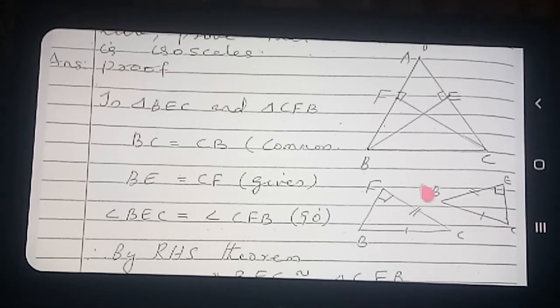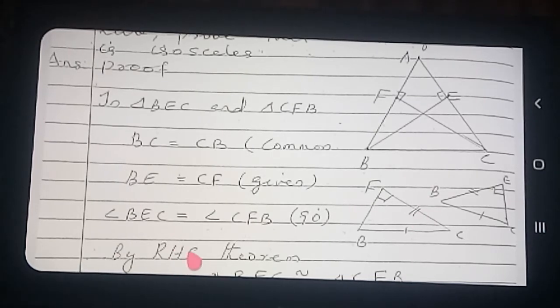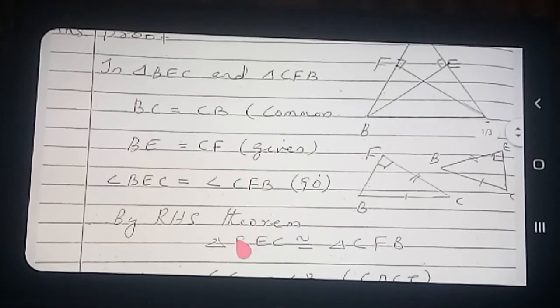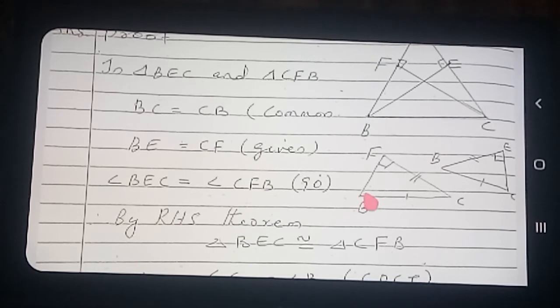Therefore, write R, H and S. Whether we can apply the RHS theorem or SAS theorem depends on the corresponding parts being congruent. Here corresponding right angles are congruent, corresponding hypotenuses are congruent, and the corresponding one side is also congruent.